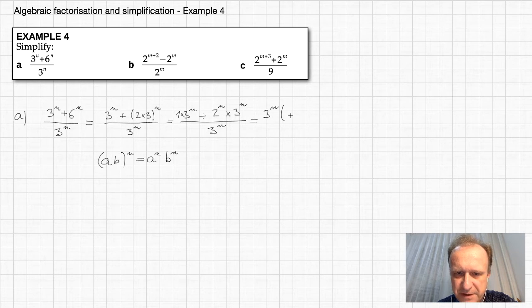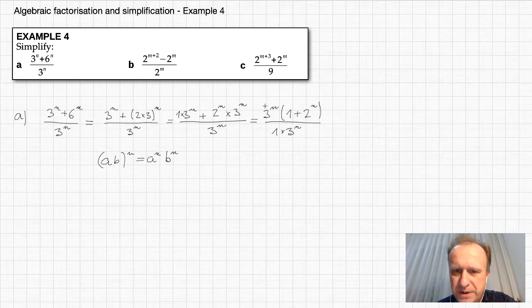So what is left is 1 plus 2 to the power of n, divided by 3 to the power of n, and this is again 1 times 3 to the power of n.